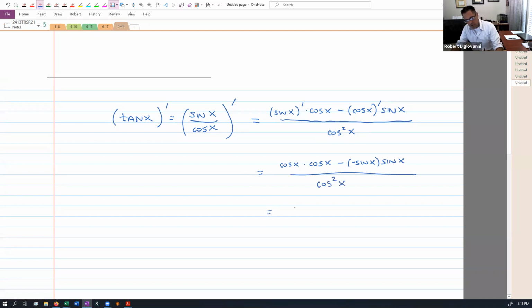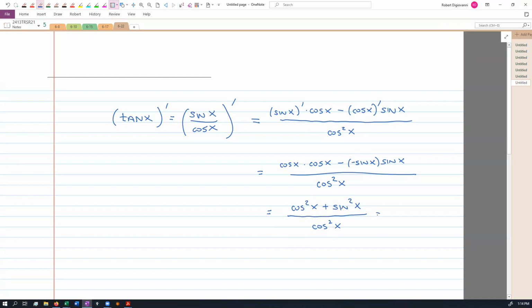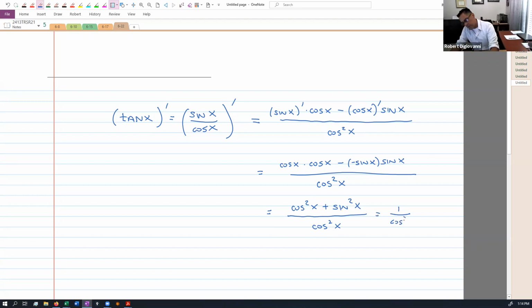And look at what the numerator turns into. Cosine squared x, that's these two multiplied together, minus minus is plus sine squared x, over cosine squared x. And what's cosine squared x plus sine squared x on top? It's a Pythagorean identity: 1. So this is 1 over cosine squared x.